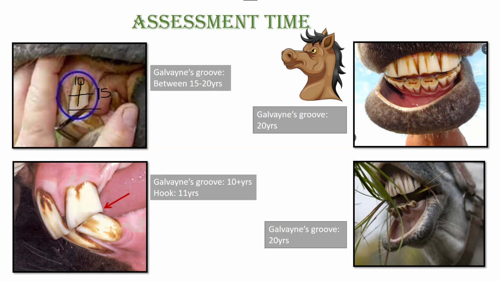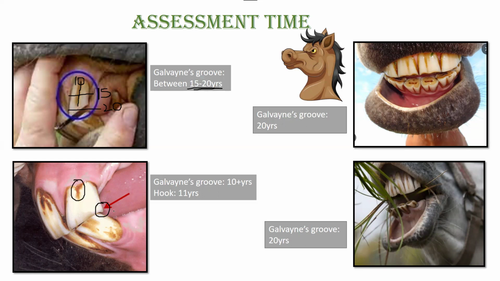And by 20 years of age, it covers the whole tooth and almost reaches the end. So because of this Galvayne's groove, the horse's age is 15 to 20 years. So let's see this. Here you can see the horse has a hook plus a Galvayne's groove being present.